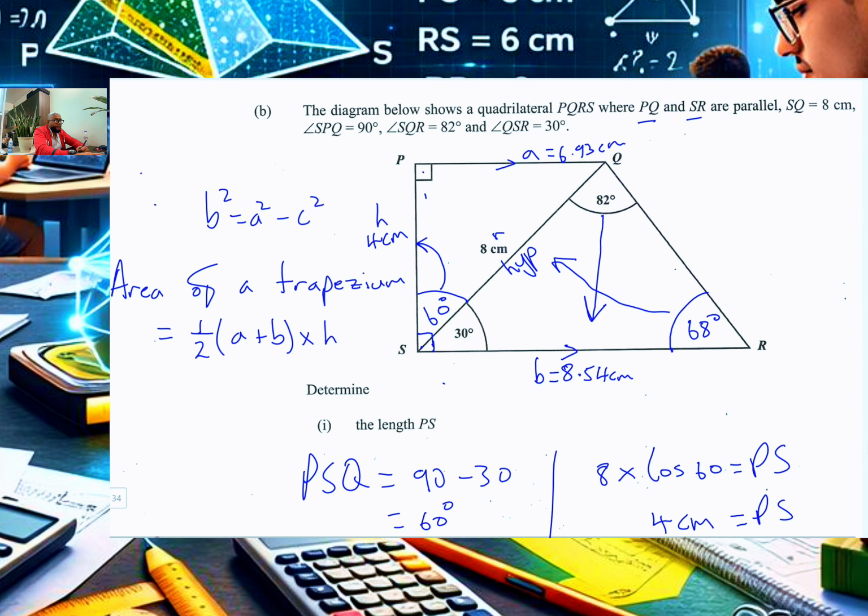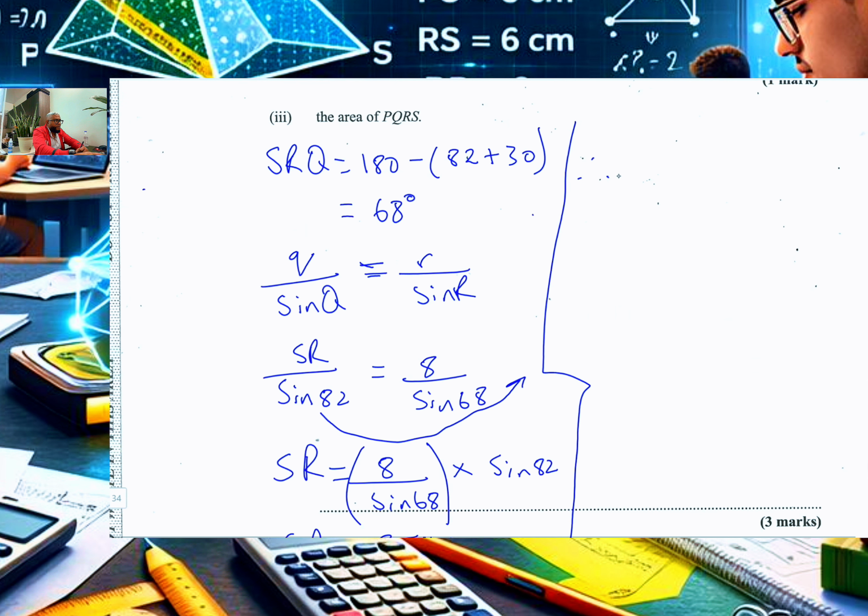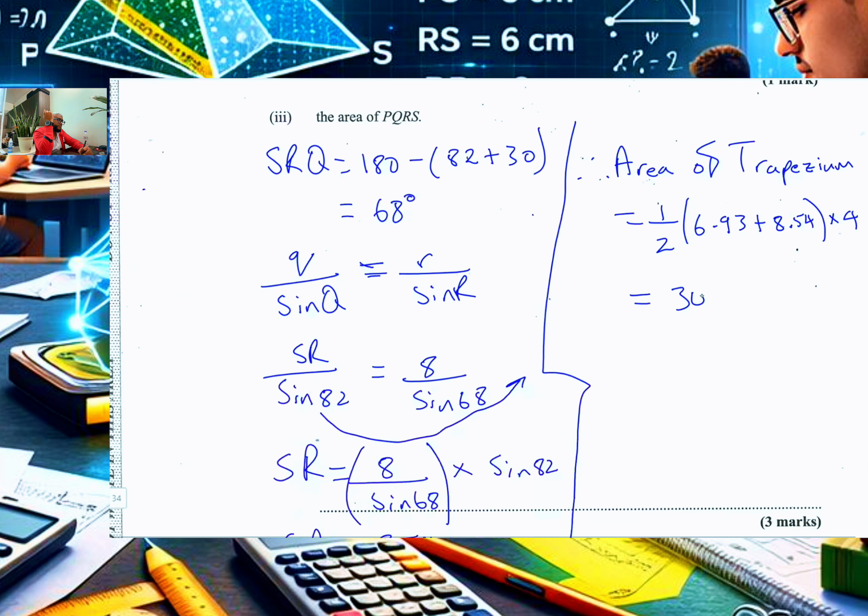So this is your B. Therefore, area of the trapezium would be equal to a half of 6.93 plus 8.54 multiplied by the height, which was 4. When you work this out, what do we get the area of the trapezium to be? 30.94 square centimeters.